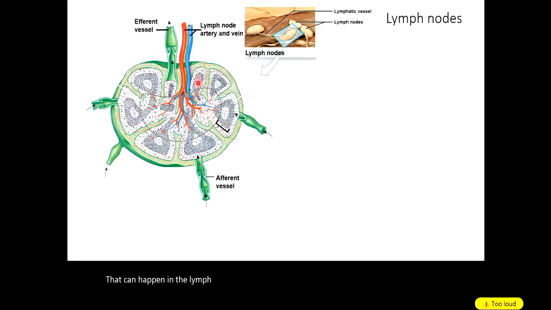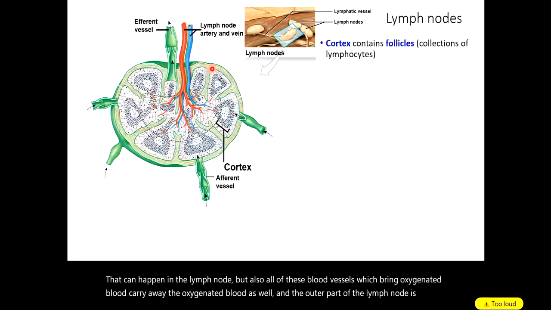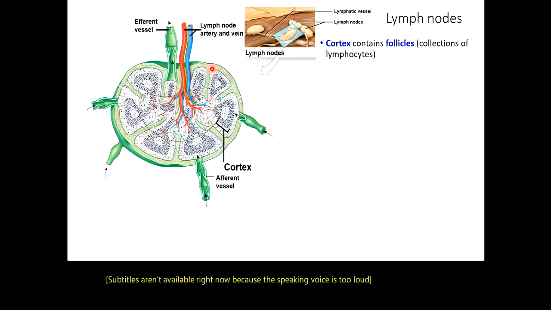There are also all of these blood vessels which bring oxygenated blood and carry away deoxygenated blood as well. The outer part of the lymph node is known as the cortex, and what is the inner part called? Medulla, right? Now in the cortex you have these structures called follicles, and in the follicles the outer part has naive B cells.